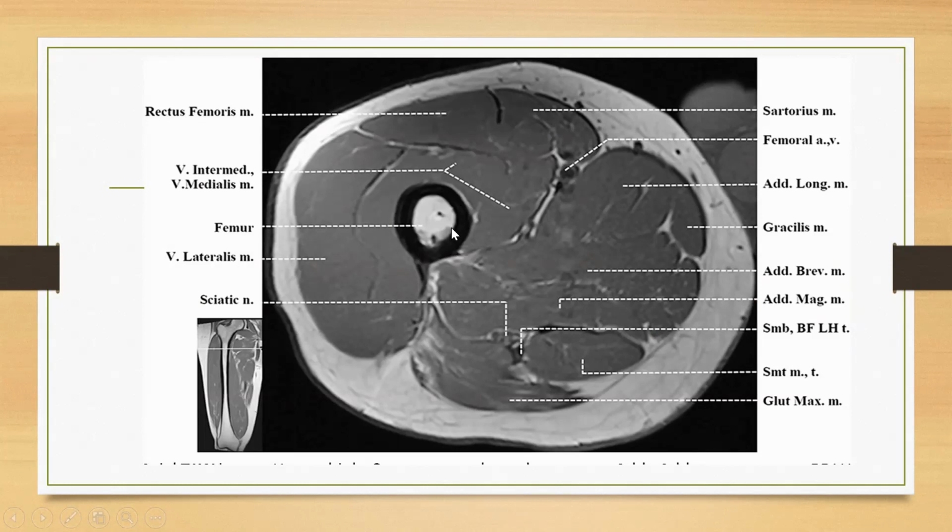This is the femur, and this is the adductor muscle group: adductor longus, gracilis, which is the most superficial one, and the adductor brevis, and the adductor magnus, which is the most posterior one. And this is part of the posterior muscle group, which is the semitendinosus muscle. And this is the gluteus maximus muscle. And here is the area where the sciatic nerve passes in the posterior compartment.